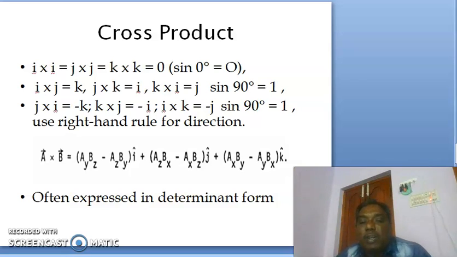This is often expressed in determinant form, which is very popular and which you would already have studied in mathematics. It is the same cross product, and here we are just revising it.